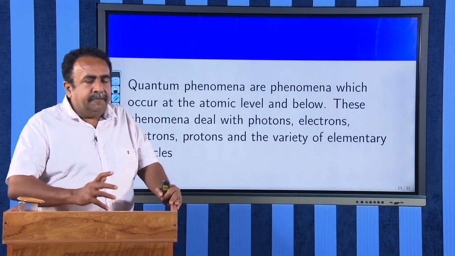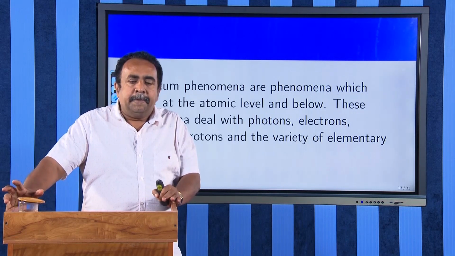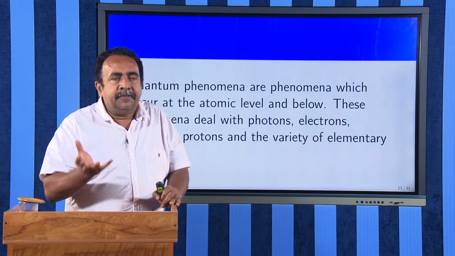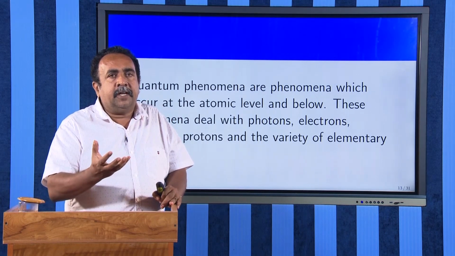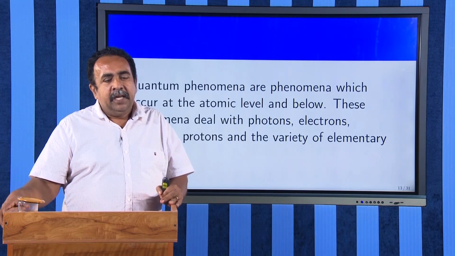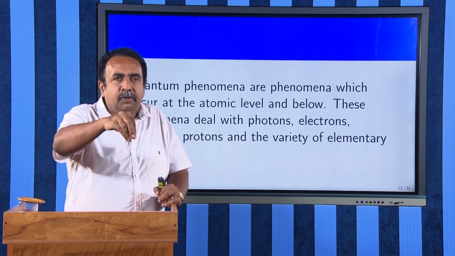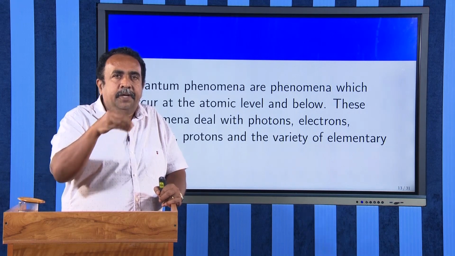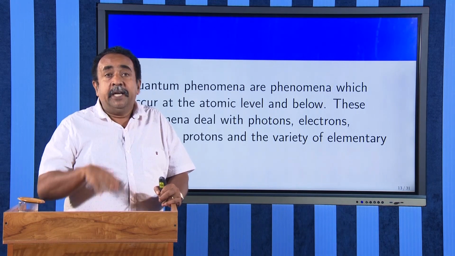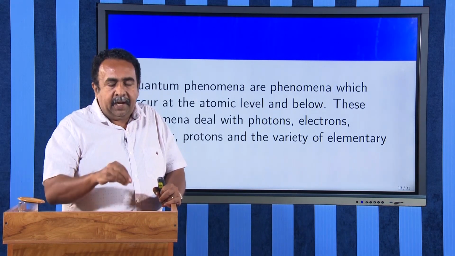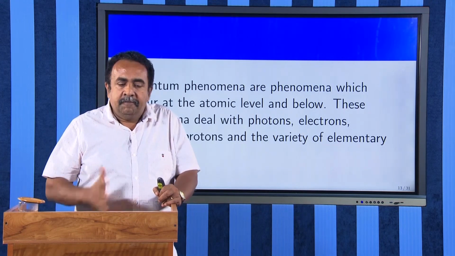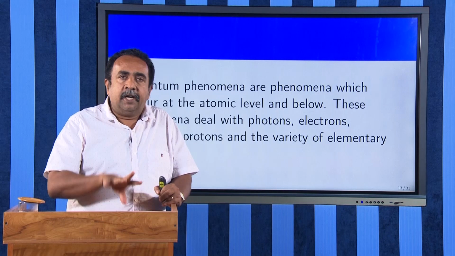In the case of a quantum phenomenon, the particles taking part will not be, for example, the Earth revolving around the Sun, which I took earlier. Earth is not a quantum particle. All these quantum properties that I told you about will be exhibited only by fundamental particles, basic constituents like electrons, protons, neutrons, photons, etc.